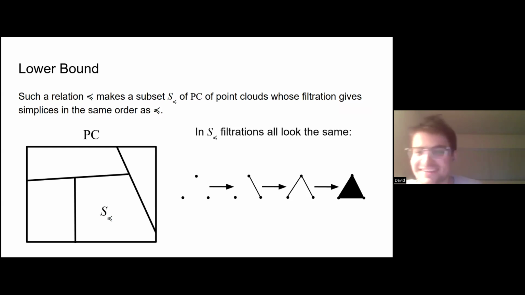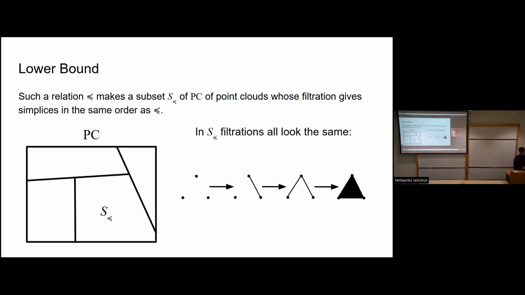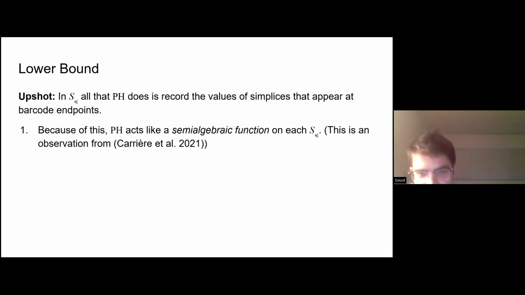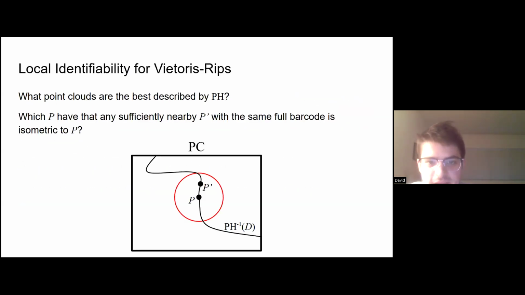Another question, about relaxing conditions. What if you're interested not in the full barcode, but let's say in the barcodes up to a certain i? This isn't in the paper, but arguably it should be.